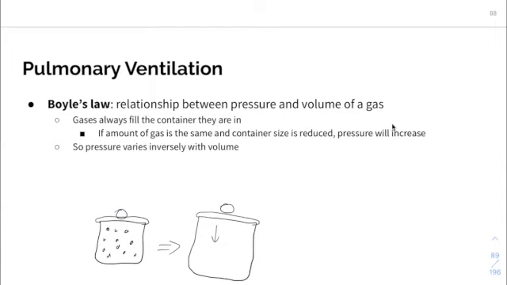You're not adding more gas to it, you're just giving it more space. So with making the container larger, the pressure of the gas inside of it decreases.